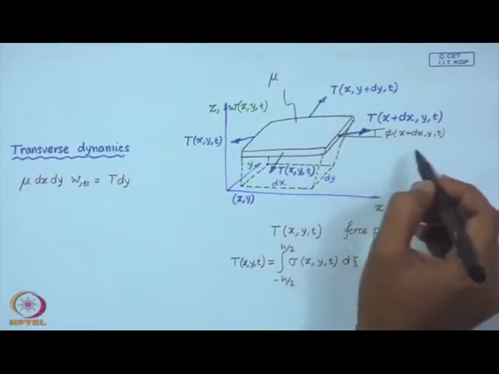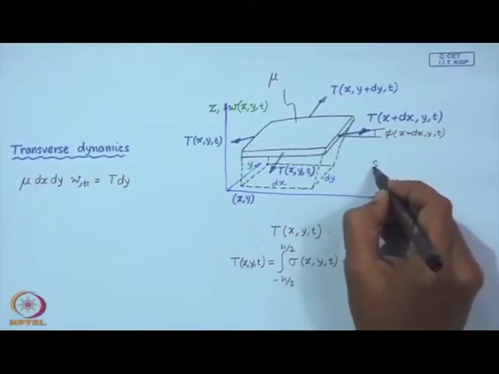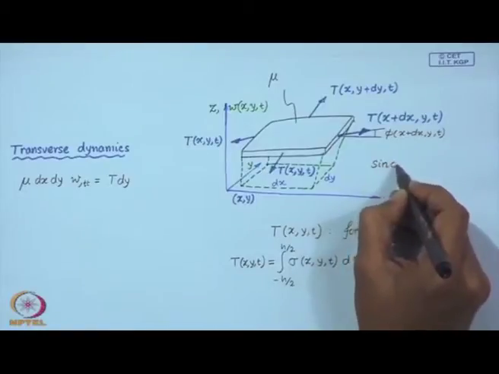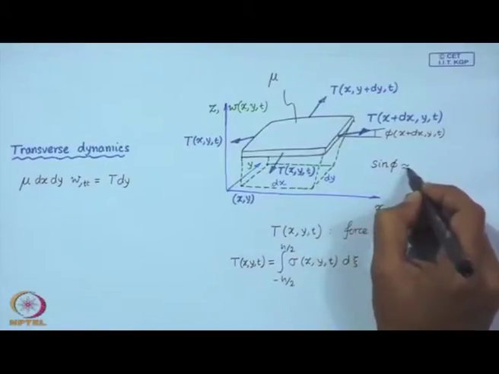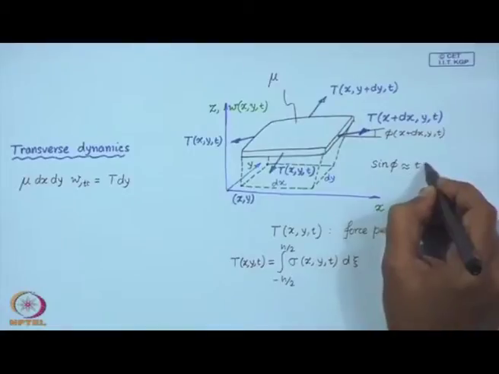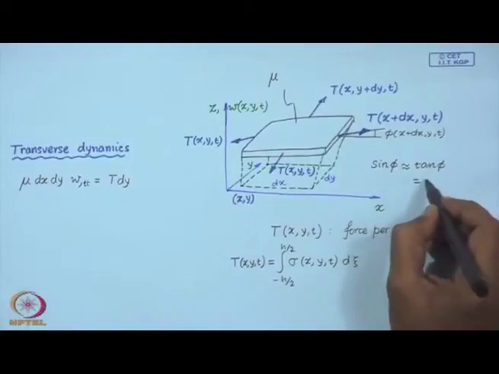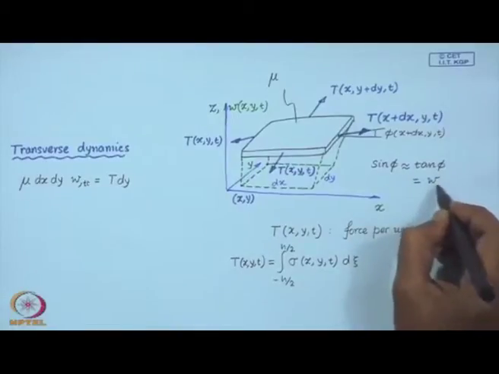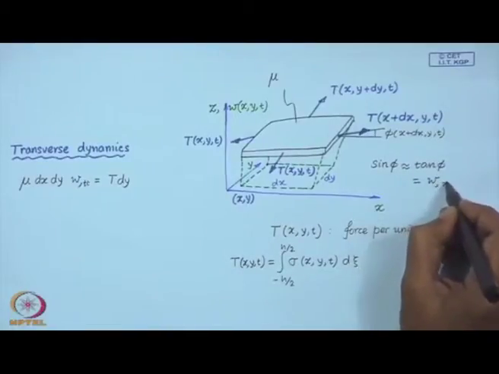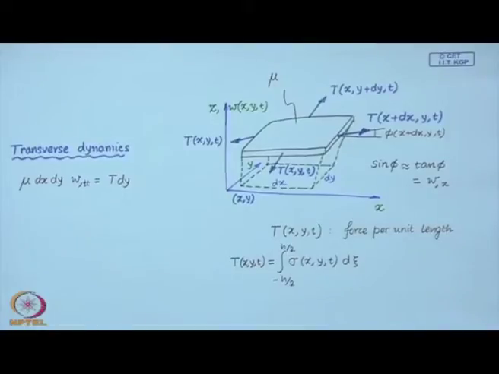Now, sine of phi is approximately equal to tan of phi, and that is equal to del w del x.